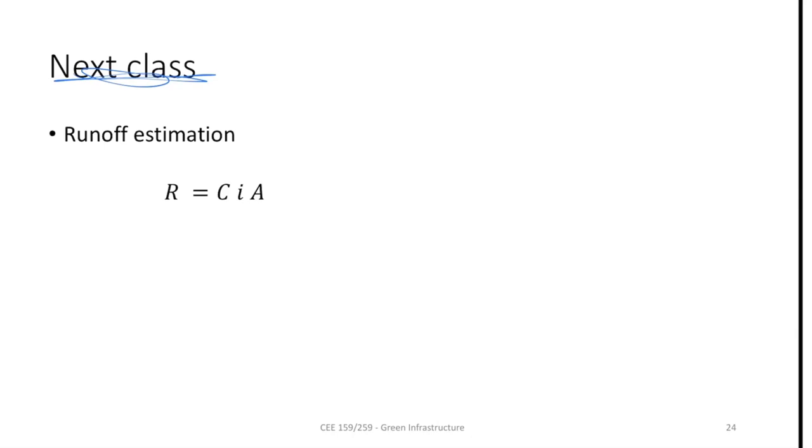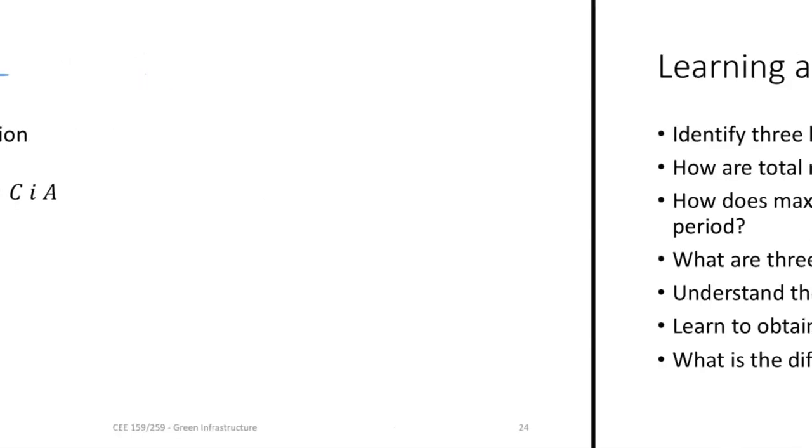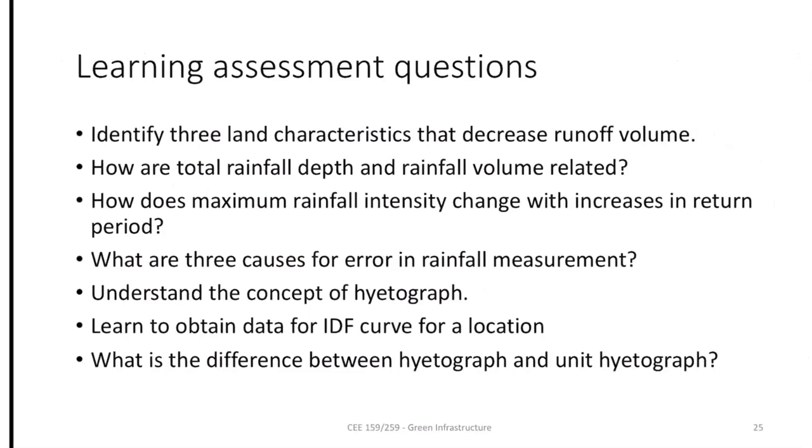If you have impervious surface, it limits the infiltration, which means more becomes runoff. If you have a sloped area, meaning higher slope, every raindrop it receives is very unlikely to infiltrate before it drains to another location. Because of that, C is a function of the location's characteristics, and your goal is to find that C. Those are the things we are going to learn in the next couple of slides.